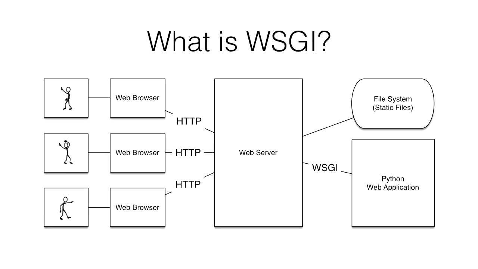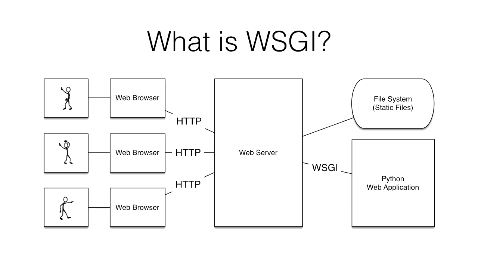So Whiskey, what is it? Where does it fit within the ecosystem of things? So you want to deploy a web application using Python. In order to do that, you're going to have HTTP client requests come in from a browser, from a person in the real world. That's going to come into a web server.